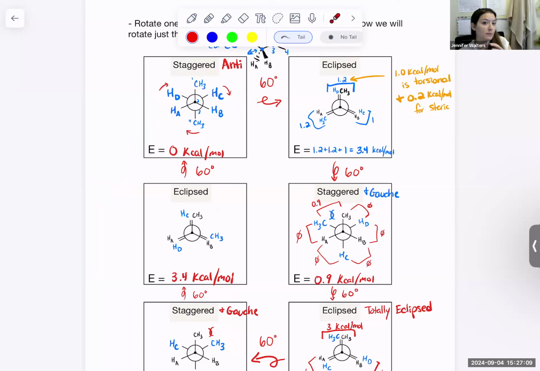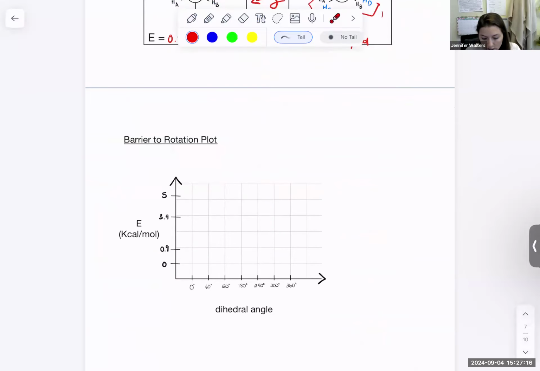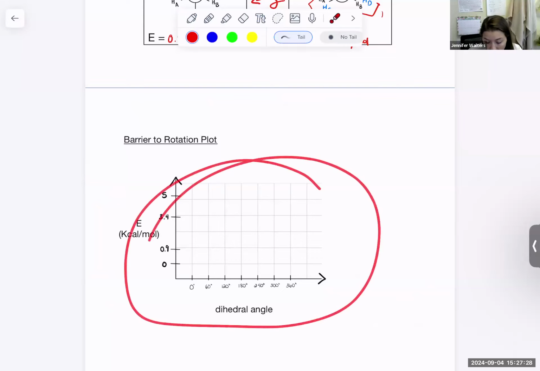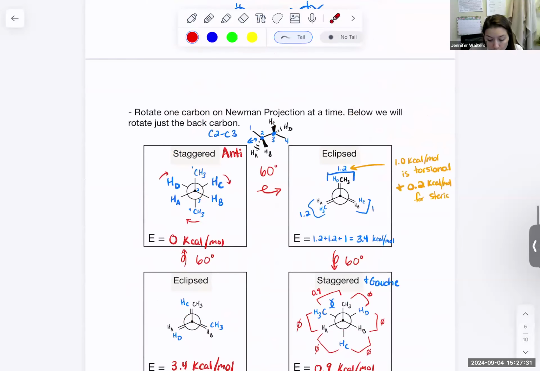You always keep the same perspective when you're doing this rotational energy barrier diagram, when you're trying to consider every perspective. So to actually do that barrier to rotation plot, it is now going to be graphing this. We're going to assume this is our 0 point.